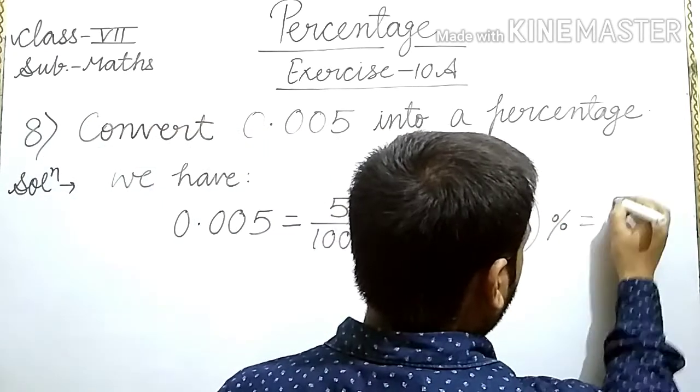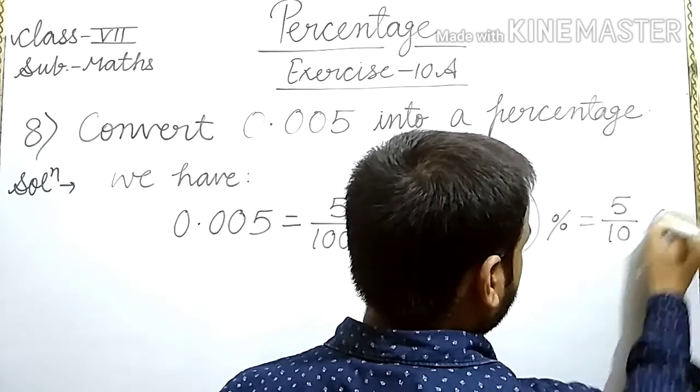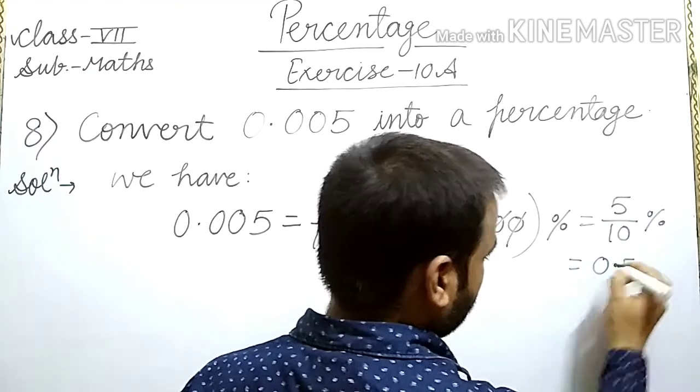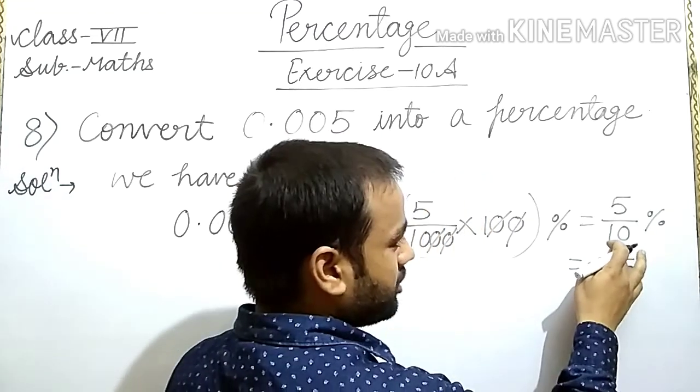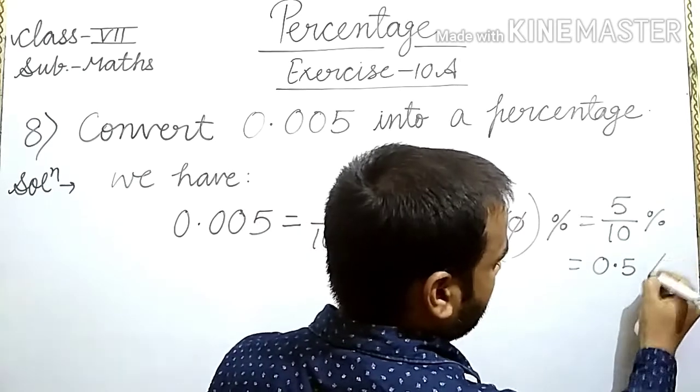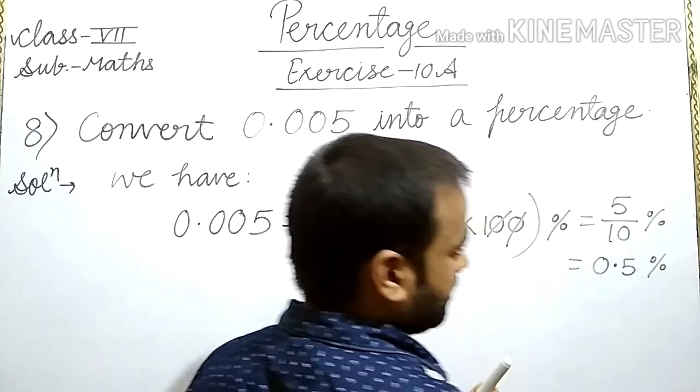We get 5 by 10%, which means 0.5. When the denominator is 10, put the decimal after 1 digit from the right side: 0.5%.